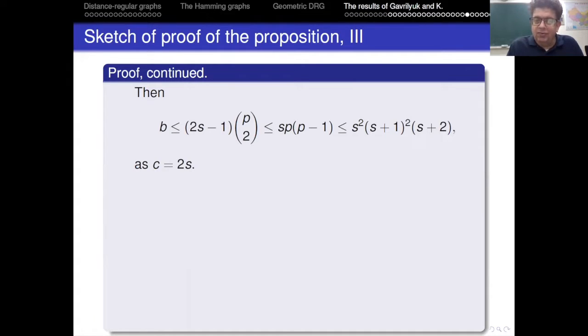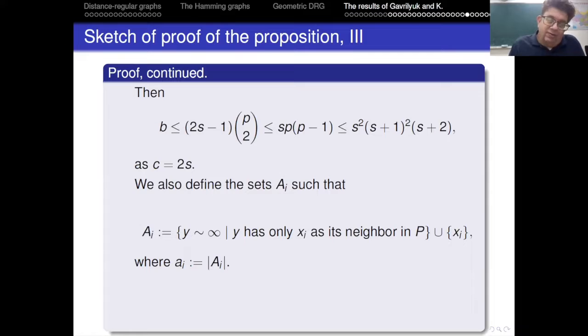Then they can have at most 2s minus 1 common neighbors in the local graph, as x infinity is one of their common neighbors. And so we get that b is at most 2s minus 1 times P choose 2, and P is at most s plus 1 squared. So you get that this is about s to the power 5.